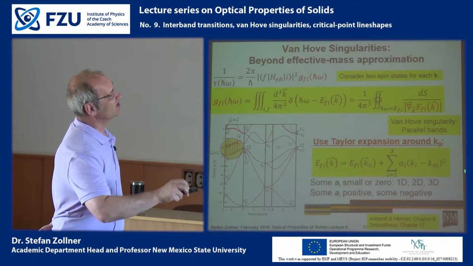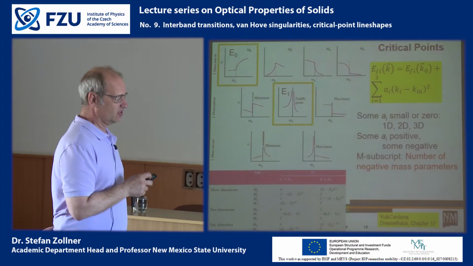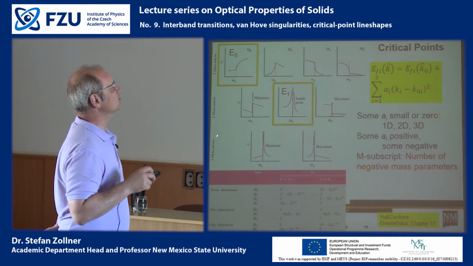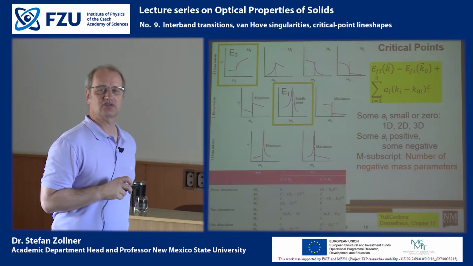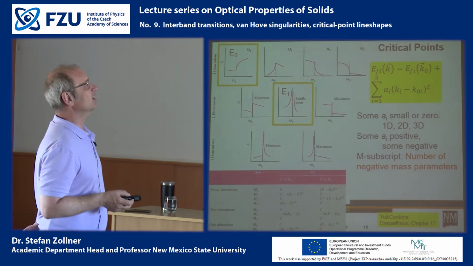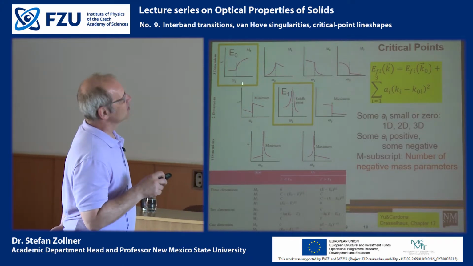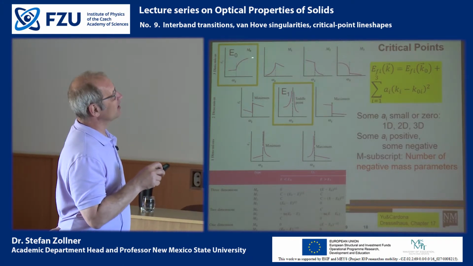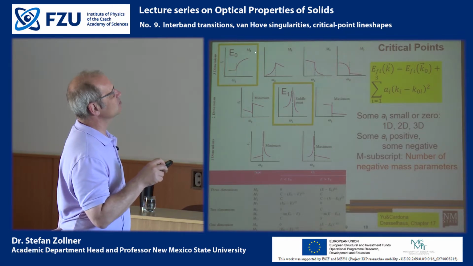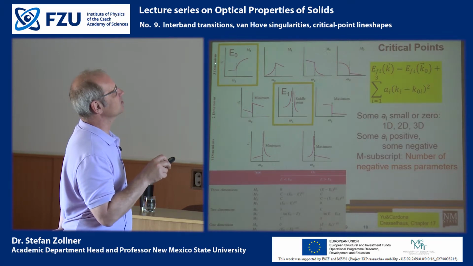So using this Taylor expansion, we can classify the critical points into 3-dimensional, 2-dimensional, or 1-dimensional critical points. There's also 0-dimensional critical points, but those are excitons, and we'll talk about those later. So the normal direct band gap that you find, for example, in gallium arsenide with a square root-like onset, that's a three-dimensional critical point.